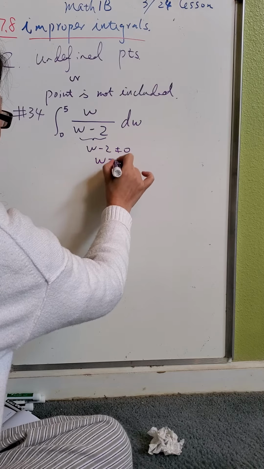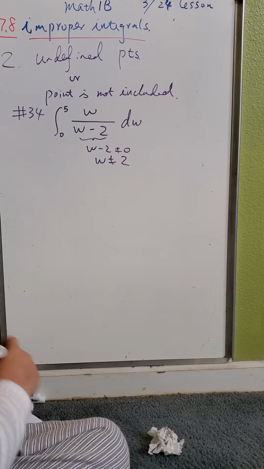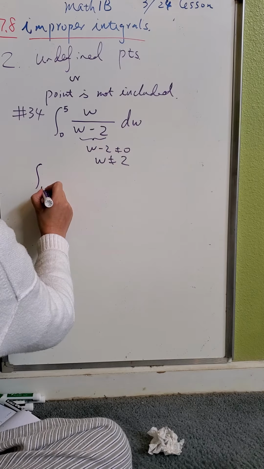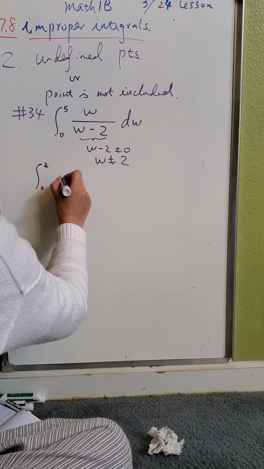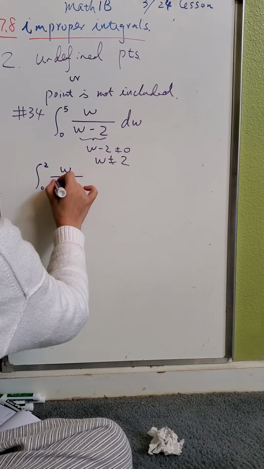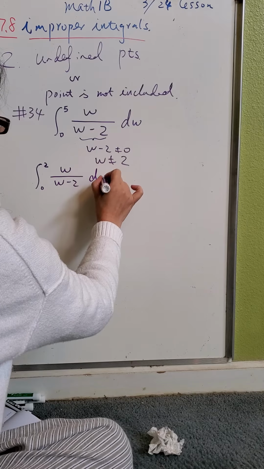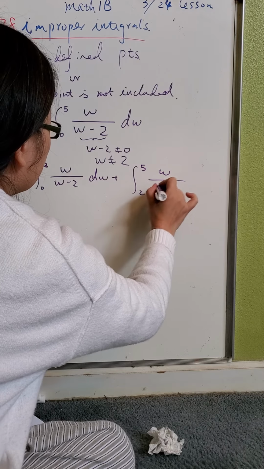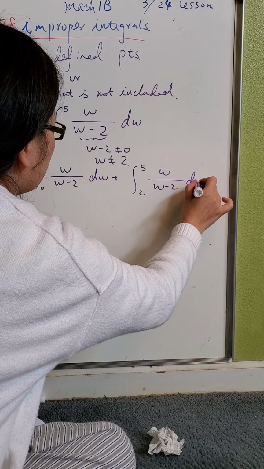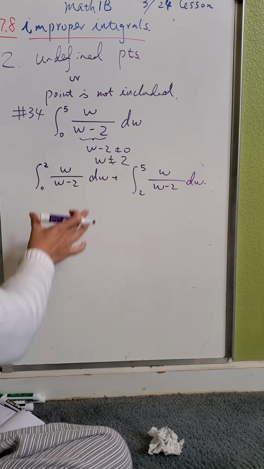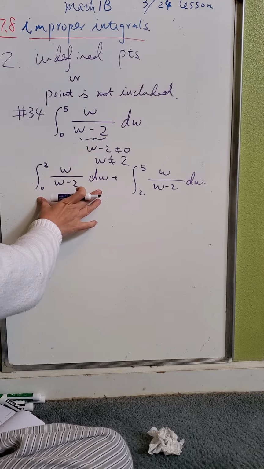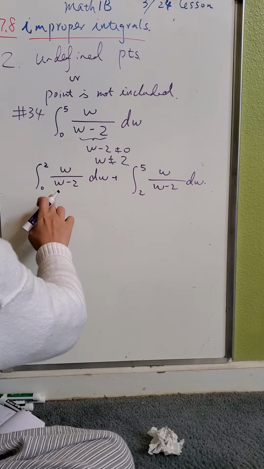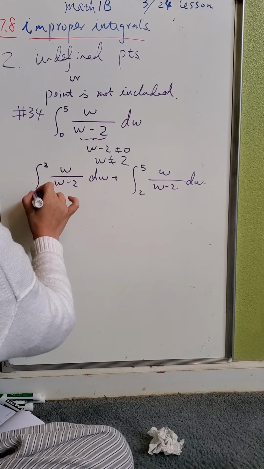That means W cannot equal 2. So for the undefined point here, we have to separate them: 0 to 2, plus 2 to 5. You just pick one of them to do first, like I did earlier. I said if this diverges, I don't need to do this one. So I'm going to just look at the first one.